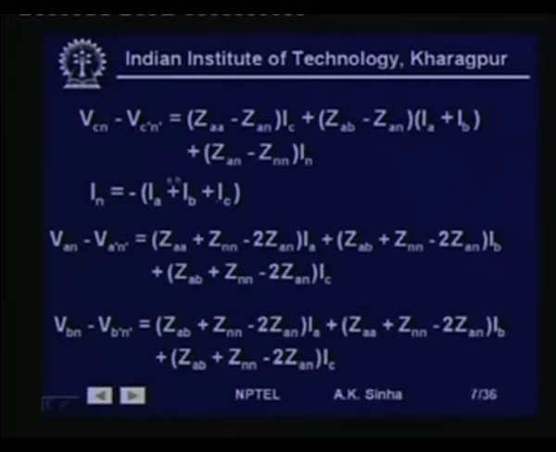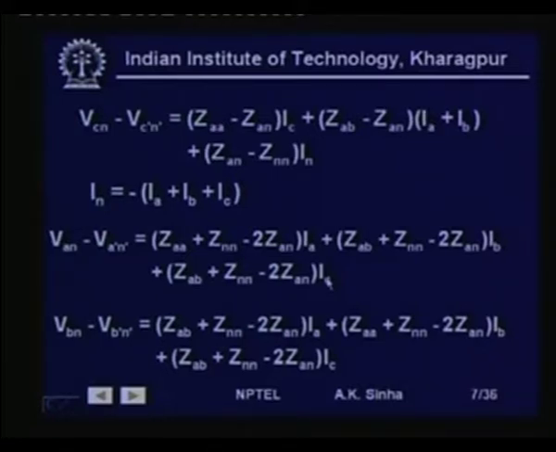If we use this relationship, then finally we can write VAN minus VA dash N dash is equal to ZAA plus ZNN minus 2 ZAN into IA, plus ZAB plus ZNN minus 2 ZAN into IB, plus ZAB plus ZNN minus 2 ZAN into IC.